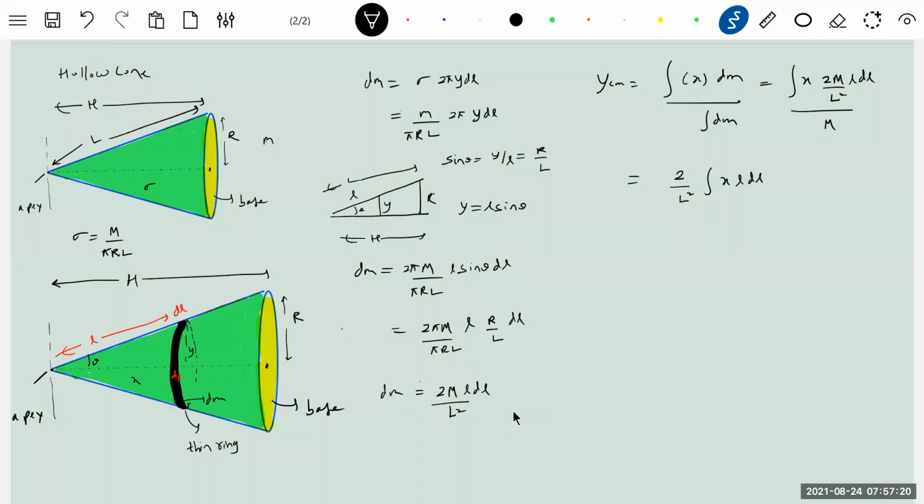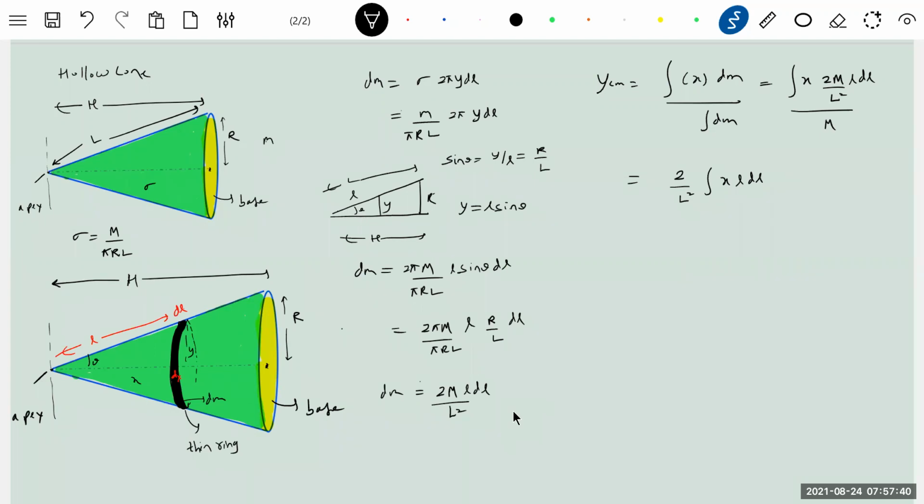We can replace that, there is no problem. So we'll try to replace x in terms of l. x is equal to l cos theta.